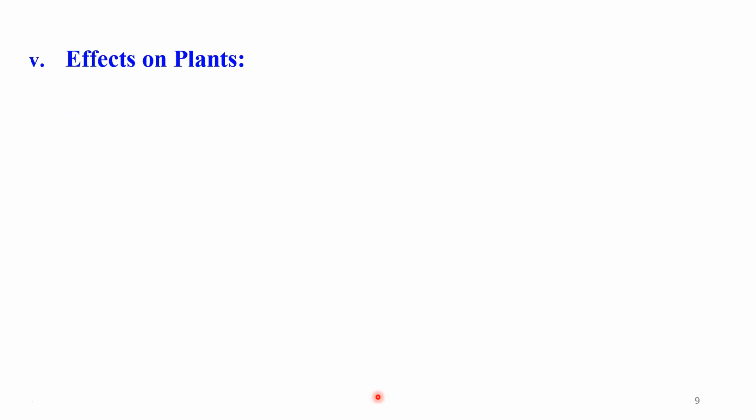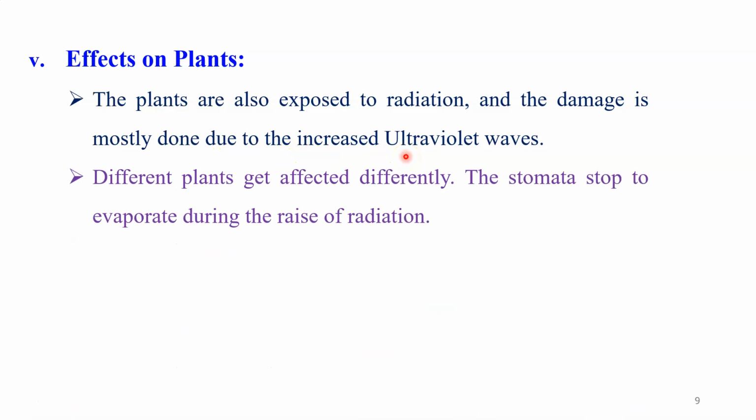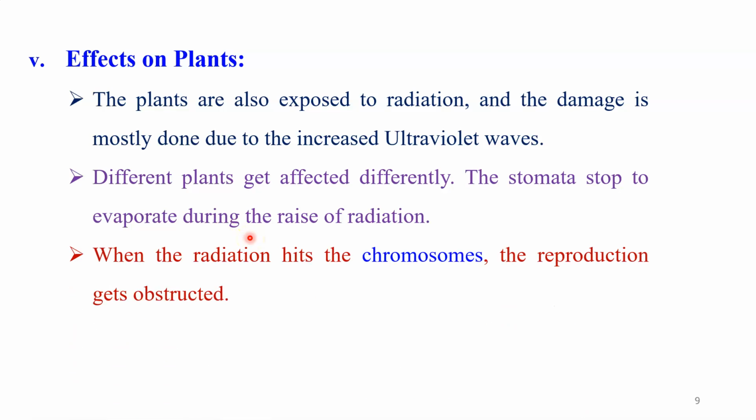If you're talking about the effects of nuclear pollution on plants, it's observed that plants are also exposed to radiation, and the damage is mostly due to the increase in ultraviolet radiation. Different plants get affected directly. The stomata stop evaporating during the rays of radiation.